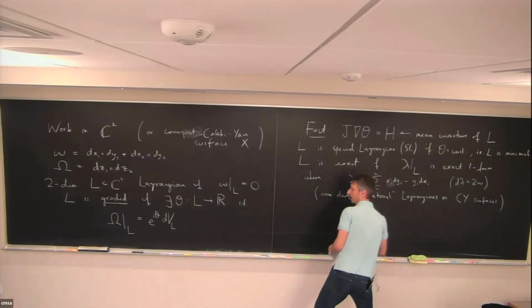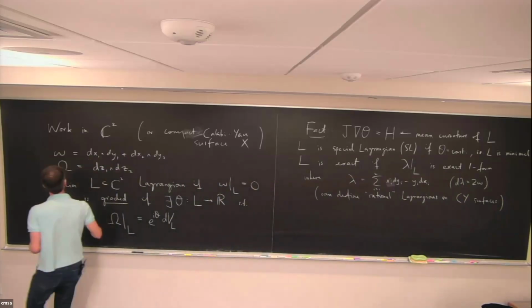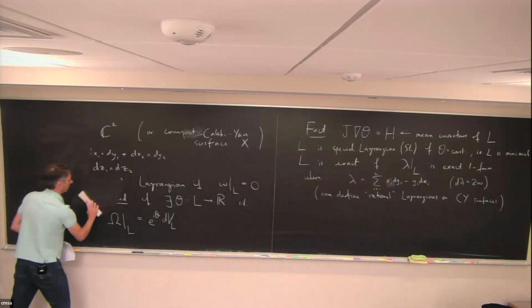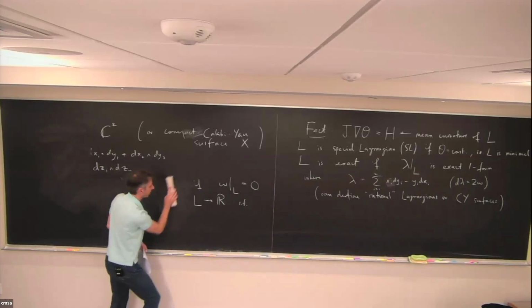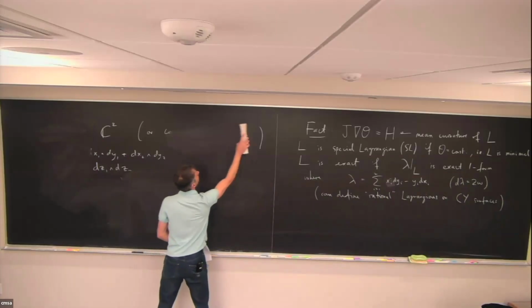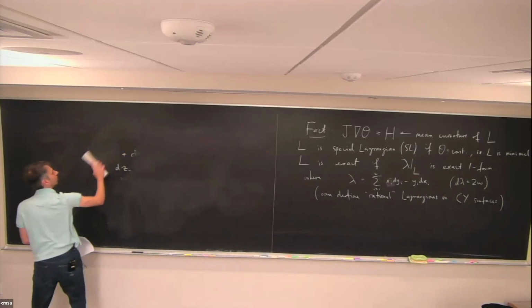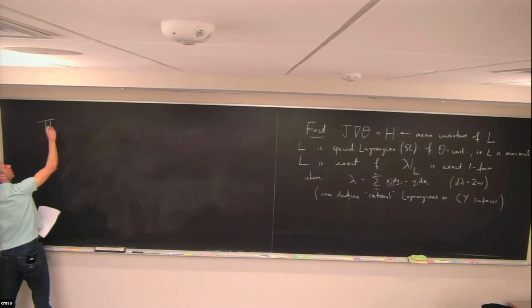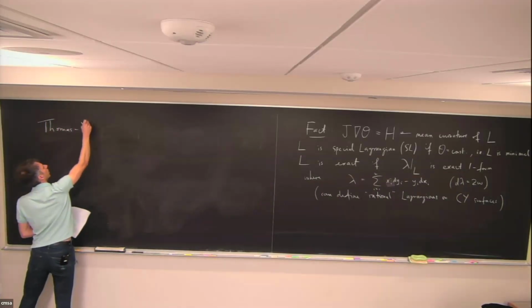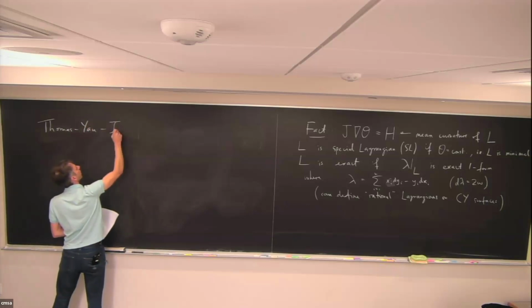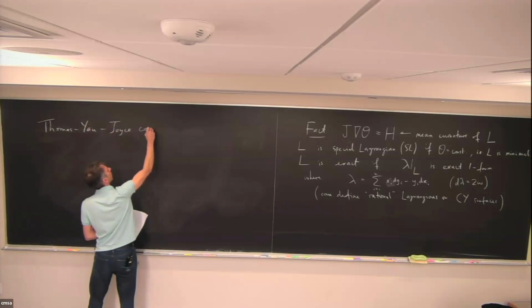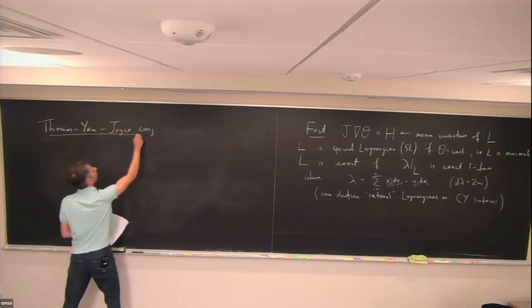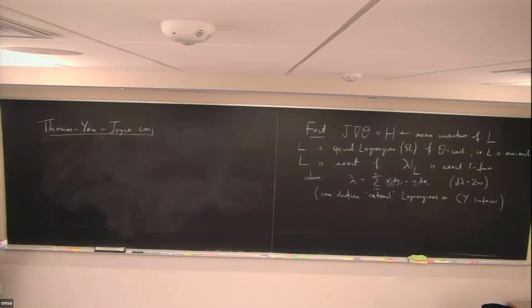Okay, so the topic of this talk is the Thomas-Yau-Joyce conjecture. In the late 90s, Thomas and Yau were motivated by mirror symmetry.